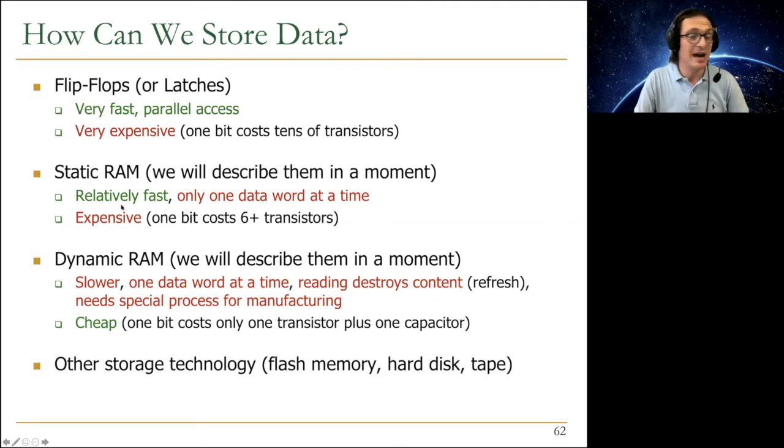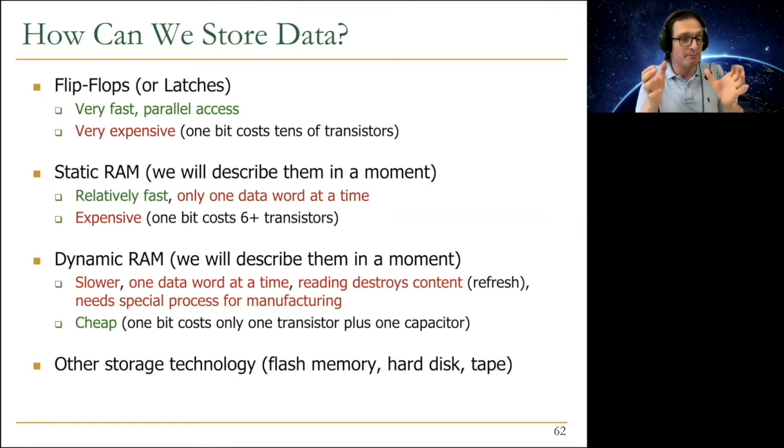Static RAM is compatible with logic, and it's relatively fast. That's why we put it inside our processor, close to computation units. Dynamic RAM, on the other hand, is not compatible. The manufacturing technology of dynamic random access memory is not compatible with the logic technology, at least not efficiently compatible, I should say.